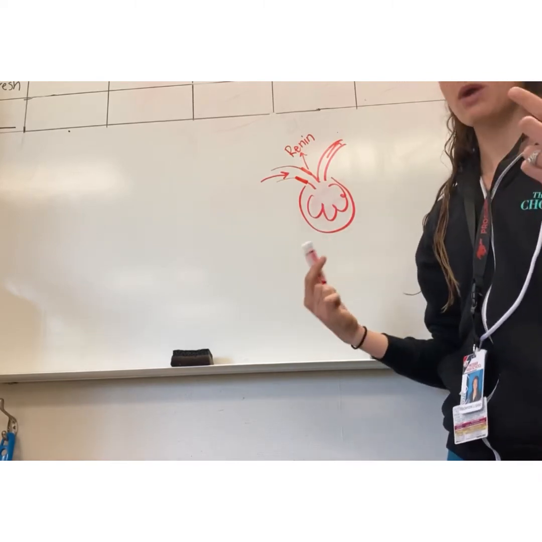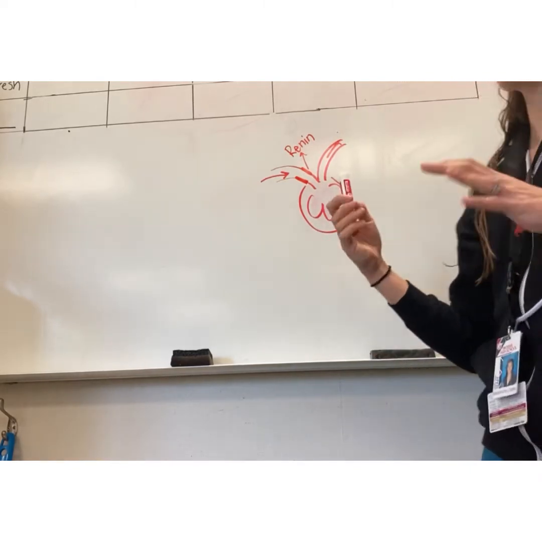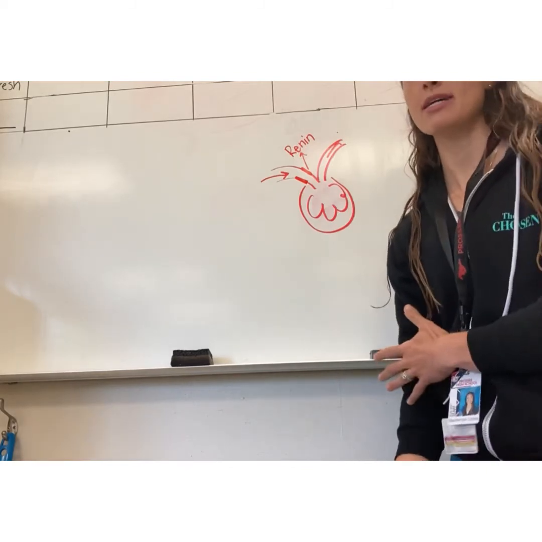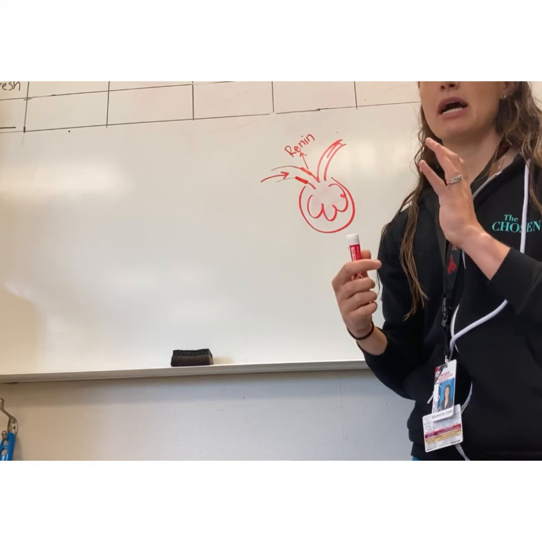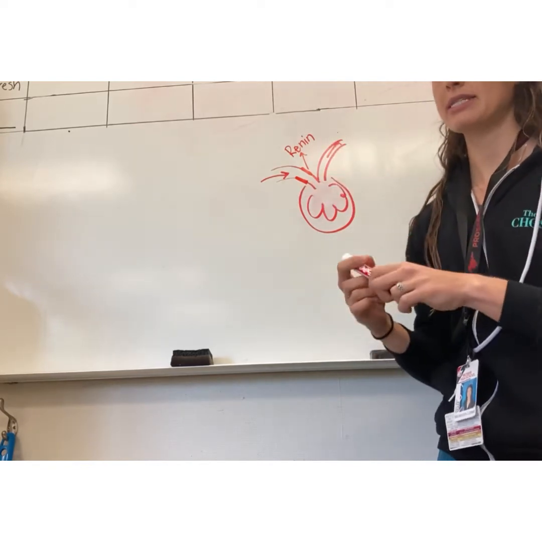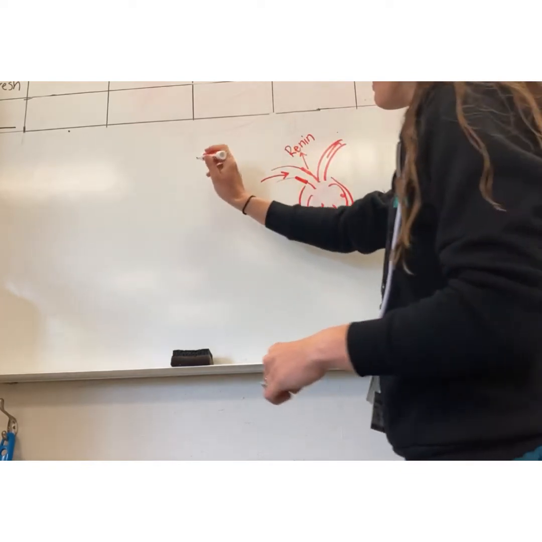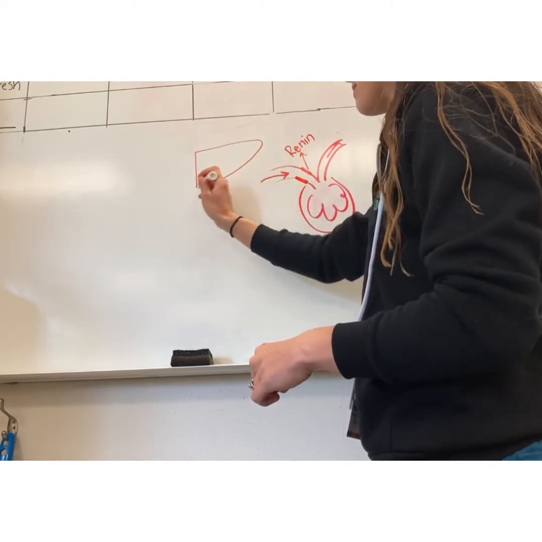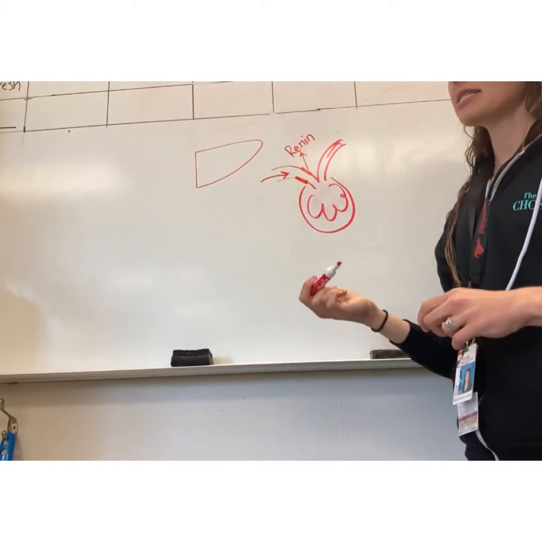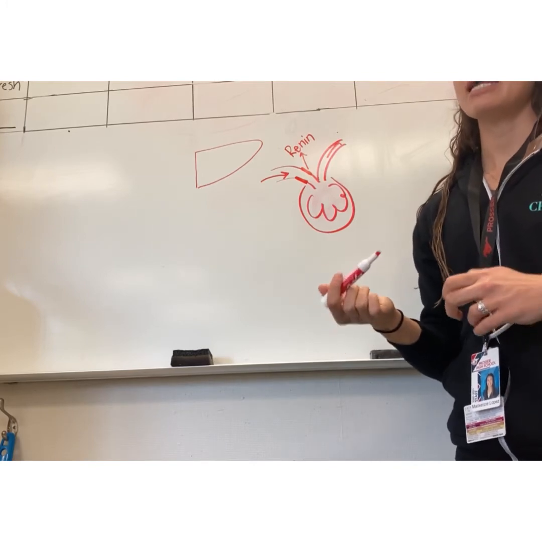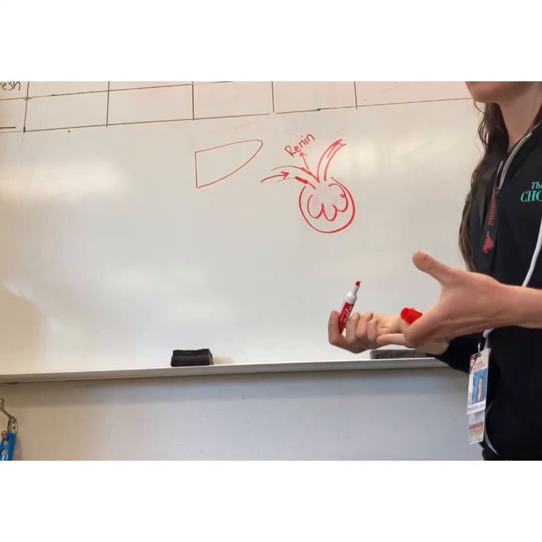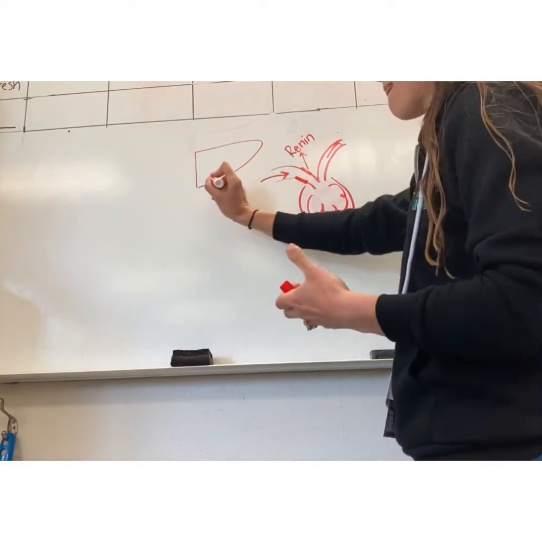Now, what does renin do? Well, renin triggers a multiple step process. Before we can understand it, we have to understand what the liver is also doing at this time. So the liver is secreting a protein, an inactive protein called angiotensinogen.